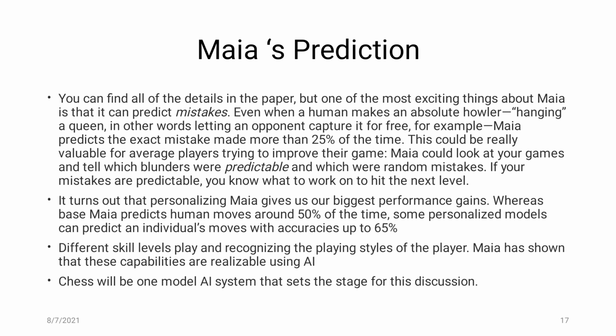This could be really valuable for an average player trying to improve their game. Maya could look at your games and tell which blunders are predictable and which were random mistakes. If your mistakes are predictable, you know what to work on to hit the next level.